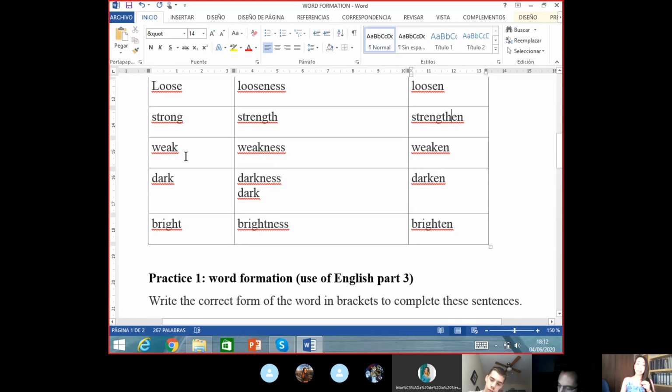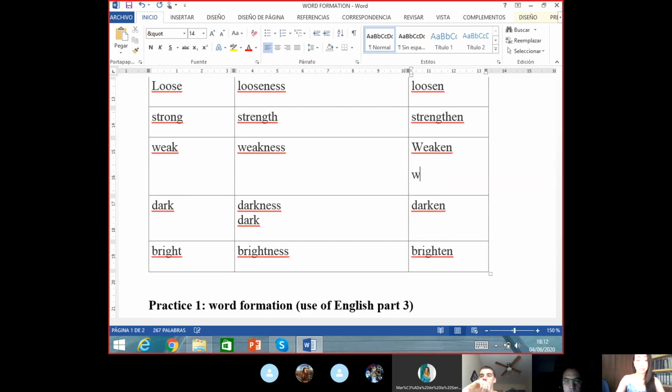Weak, débil, weakness, debilidad, weaken, debilitar. So after his illness, his muscles have weakened. Weakened. Okay? It sounds like the word weekend. ¿Vale?